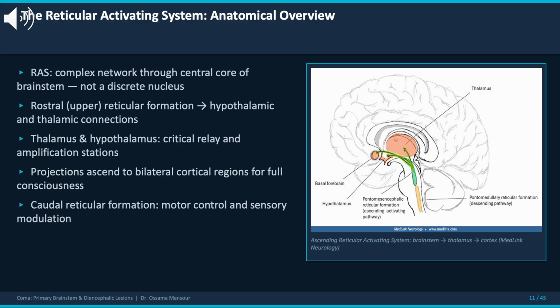The caudal portion of the reticular formation and its descending pathways are involved in motor control and modulation of sensory signals. This architecture tells us clinically that consciousness depends on a distributed network extending from the upper brainstem through the diencephalon to widespread cortical areas rather than residing in any single localized center.